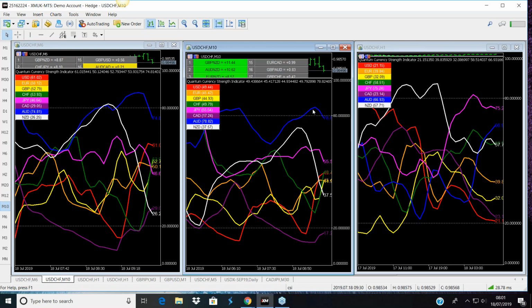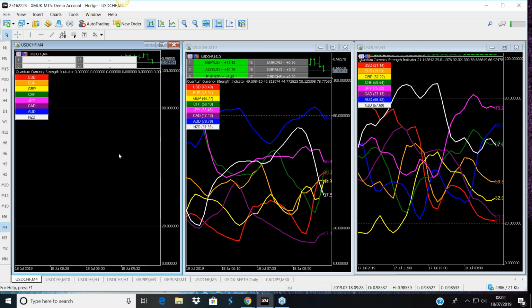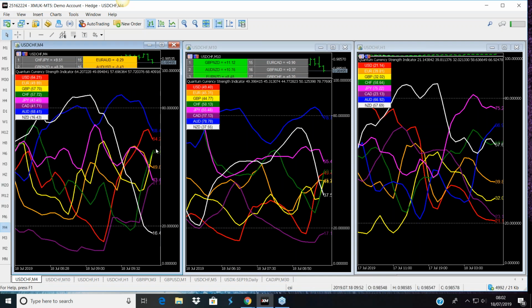There may be enough now to sell the Aussie and buy the Canadian, as we see here on the 6th, and if we move it down to, let's do the 4-minute chart, there we are, and we can see the Aussie's been moving not sharply lower, but certainly turned lower. The Canadian has moved higher. Is there enough there?